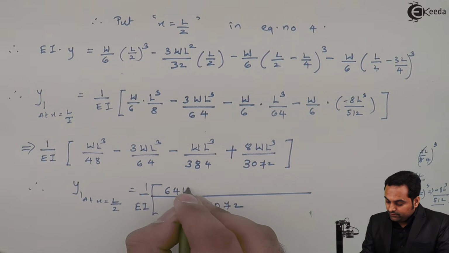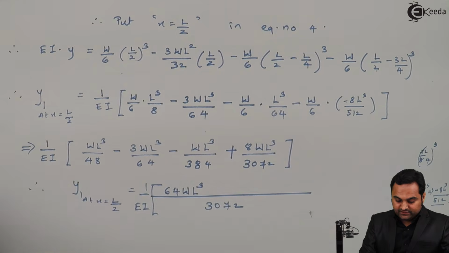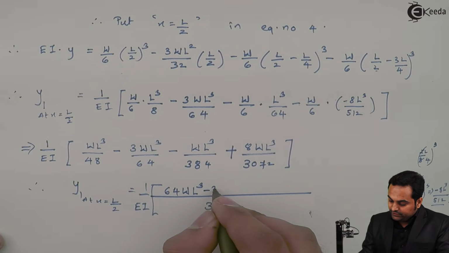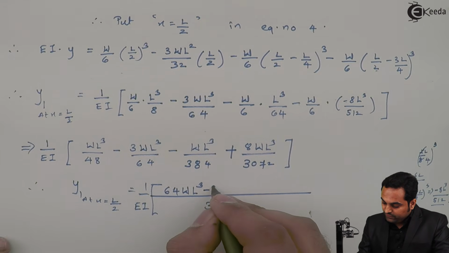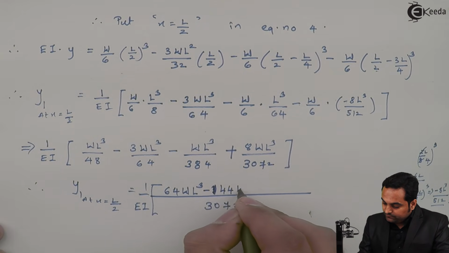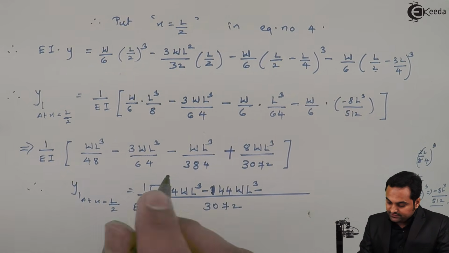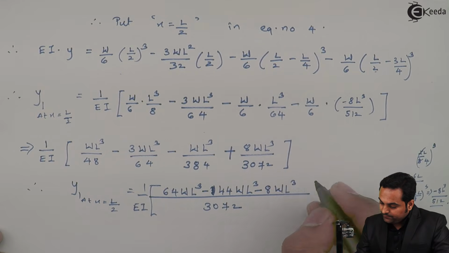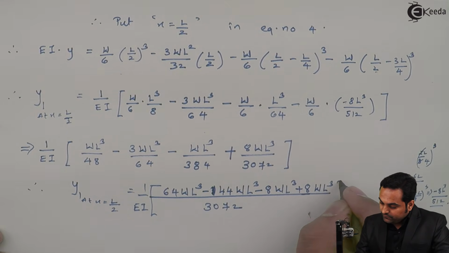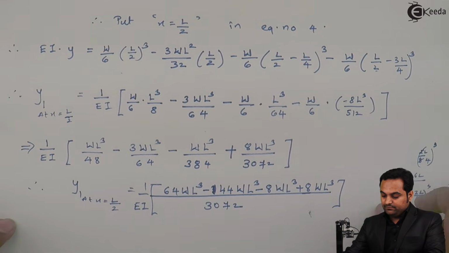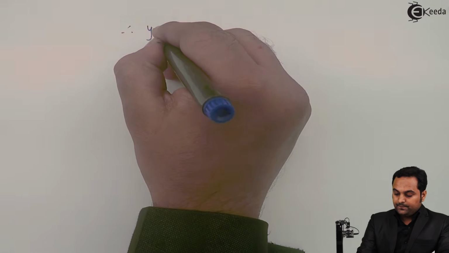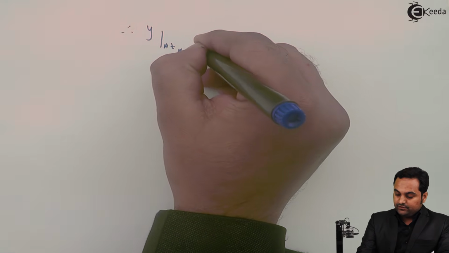Similarly in the numerator, next here I have 64, so here this will be minus 3 into 48, that is 144 WL cube, minus 8 WL cube plus 8 WL cube.